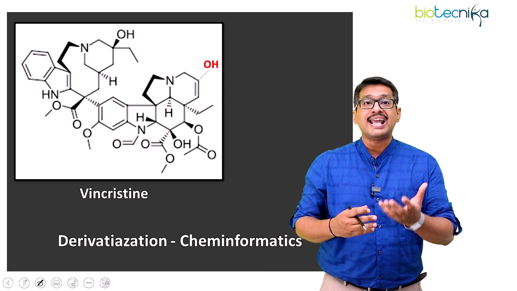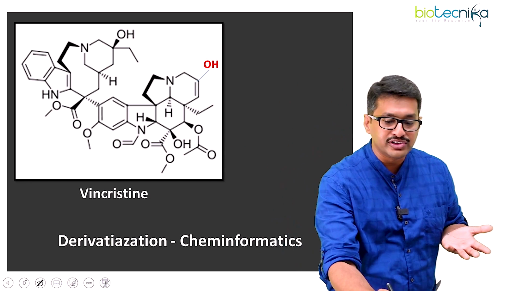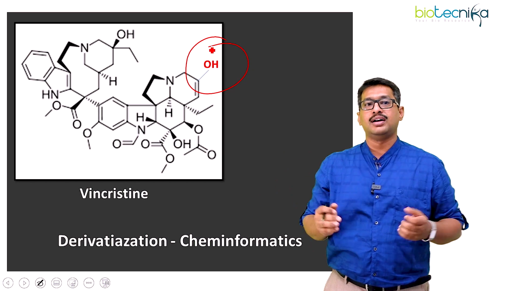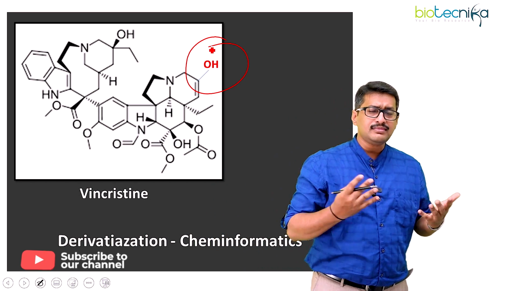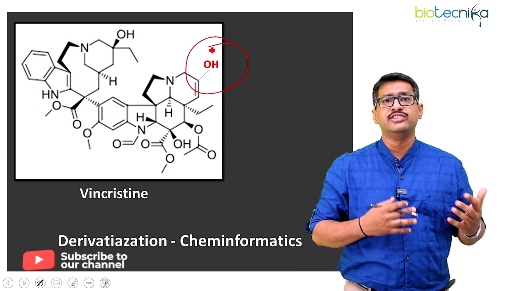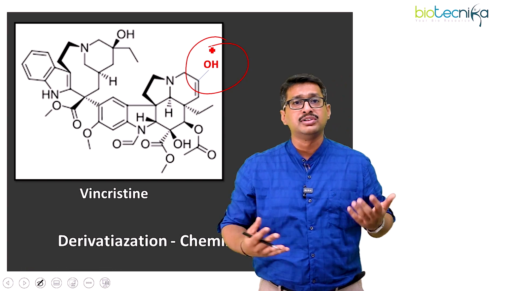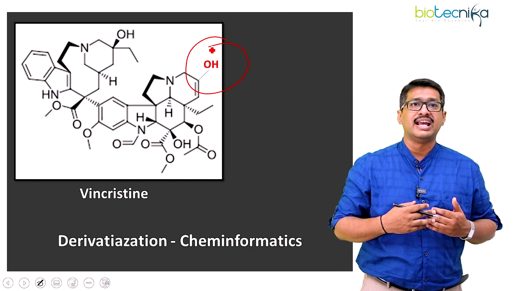Or I have the parent molecule and I can make changes in the functional group. As you see in the figure, this is vincristine, a known anti-malarial drug, which can work for various kinds of systems, and many times it has also been looked upon as a promising molecule for an anti-cancer agent.